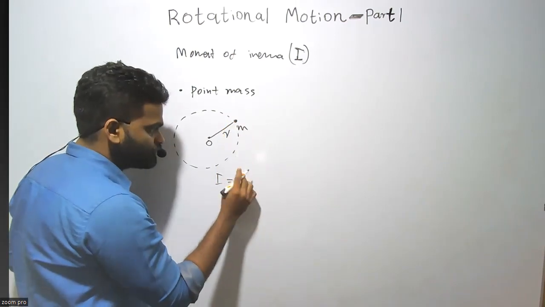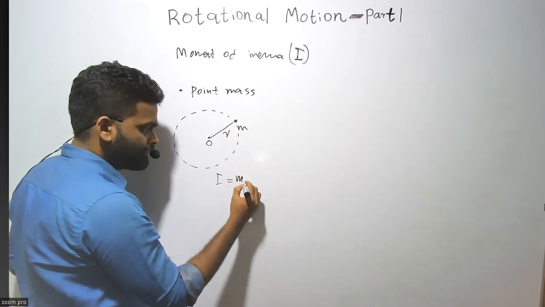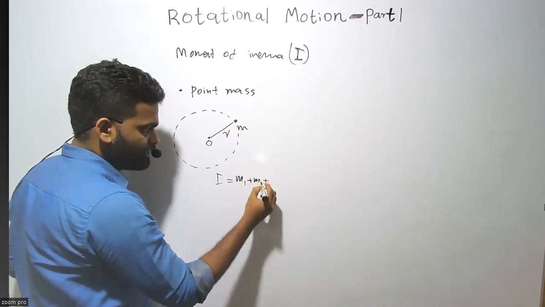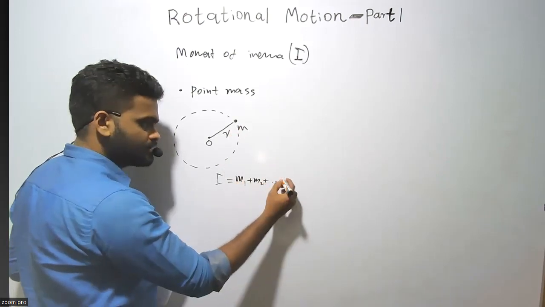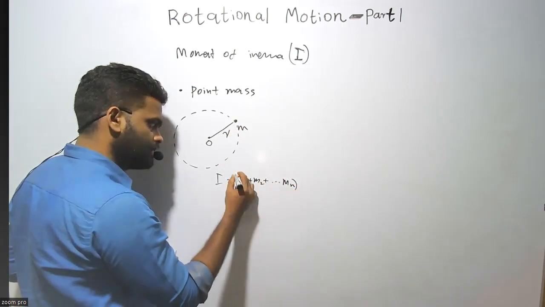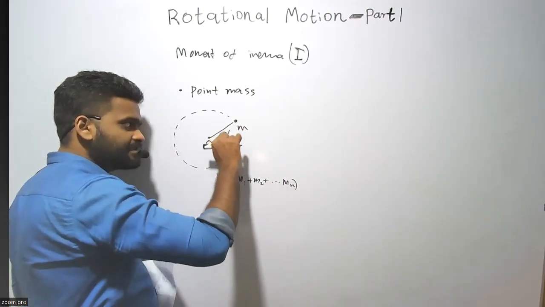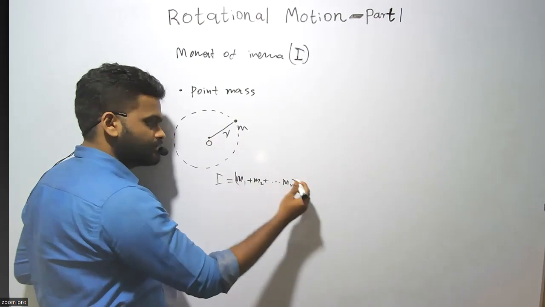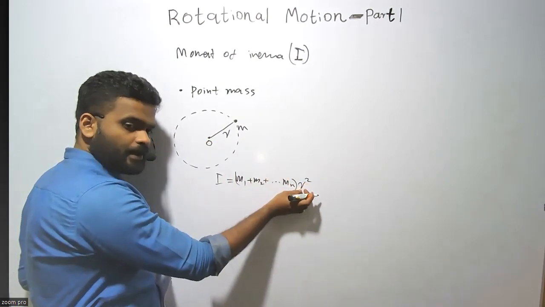So if we add all those values, all those are at r, right? So if you divide that m into several parts, all those masses are at a distance r from the rotational axis. So I just took r squared out.